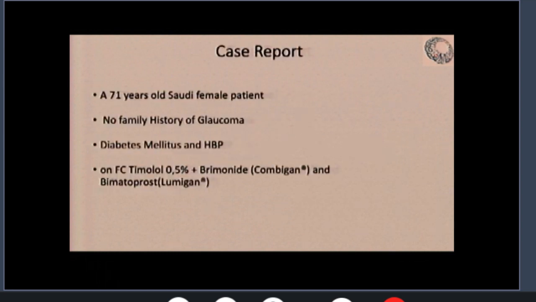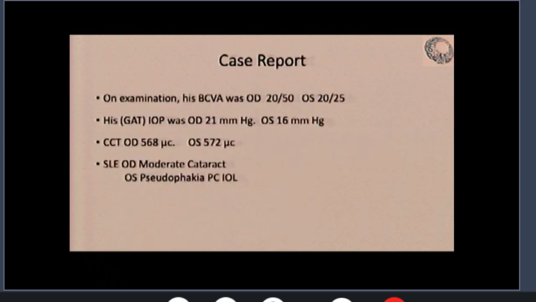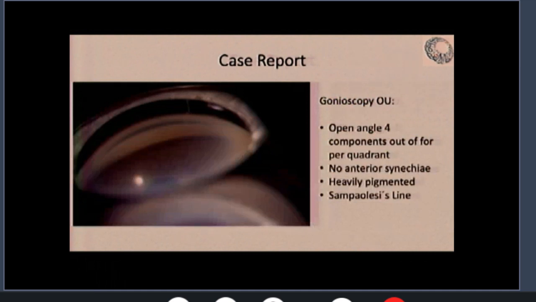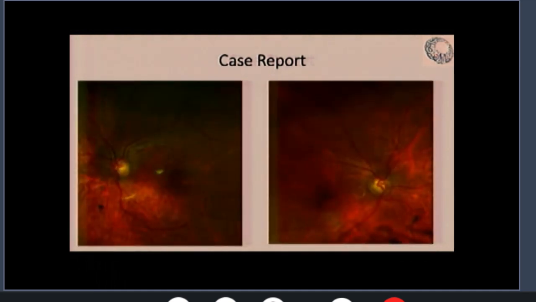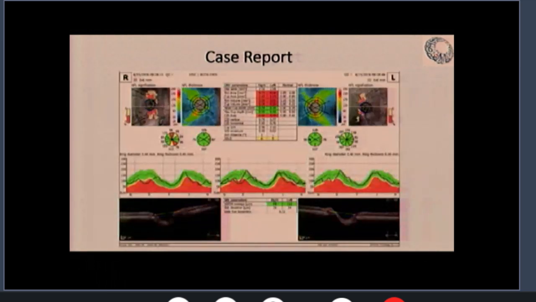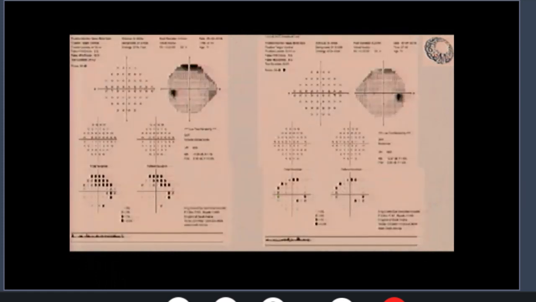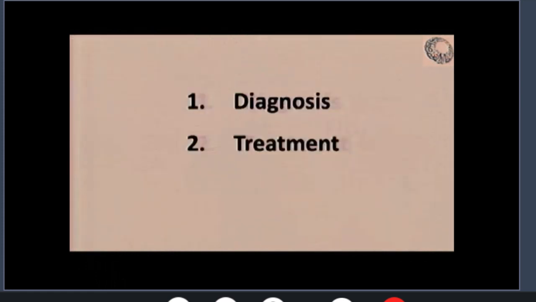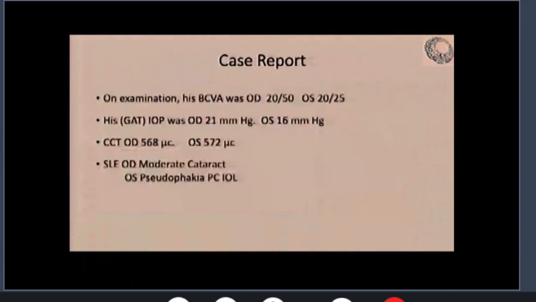And the last case. Diagnosis? Yes. Pseudoexfoliation, yes. And how will you treat this case? First option, medical, right?